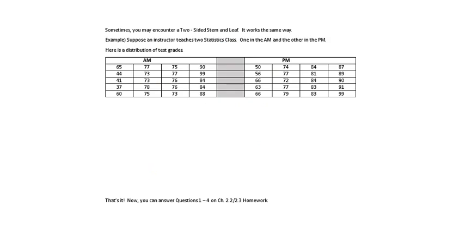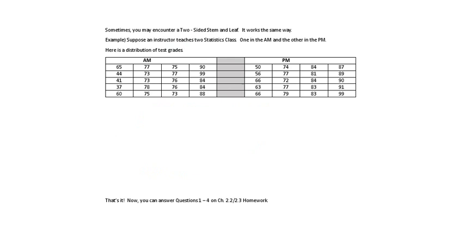All right, sometimes you may encounter a stem and leaf that works on two sides. And you know what? It works the same way. So when I look at this, I see numbers that are in the 30s, the 40s, the 50s, the 60s, the 70s, the 80s, and the 90s.